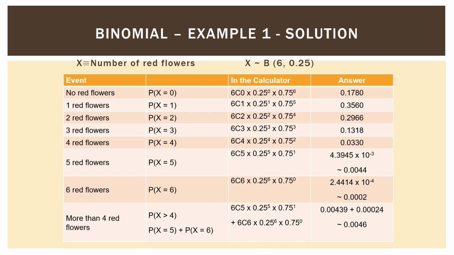Plug it into the calculator and write down the answer. How to get one red flower? 6C1 times 0.25 to the power of 1 times 0.75 to the power of 6 minus 1. Follow the formula and you'll be able to get the answer. When you compute it, just follow this table. If you don't understand, just ask me, okay?